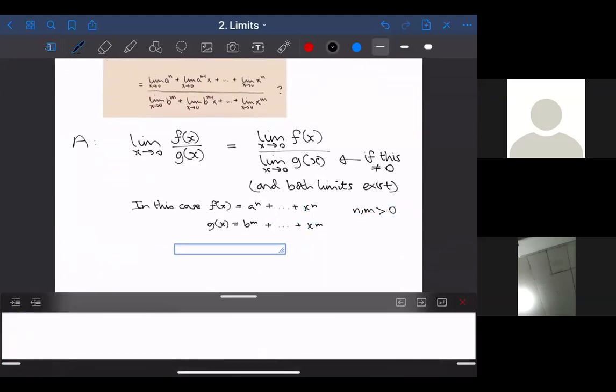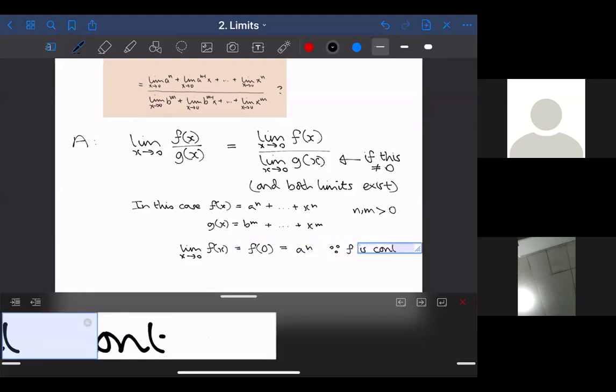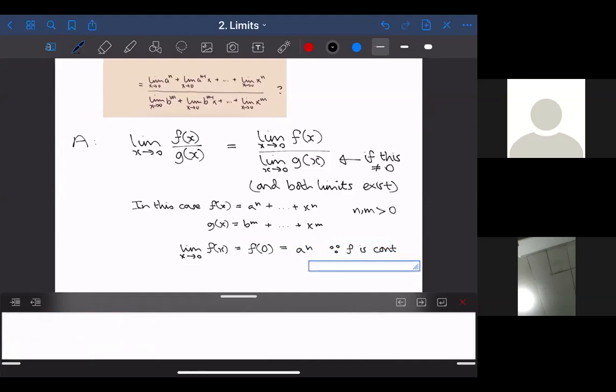But then the limit as x goes to 0 of f(x) is just a to the power n. And why is that? Because the limit is the value of the function f(0), and that's a to the power n. It's because f is continuous, because f is a polynomial.